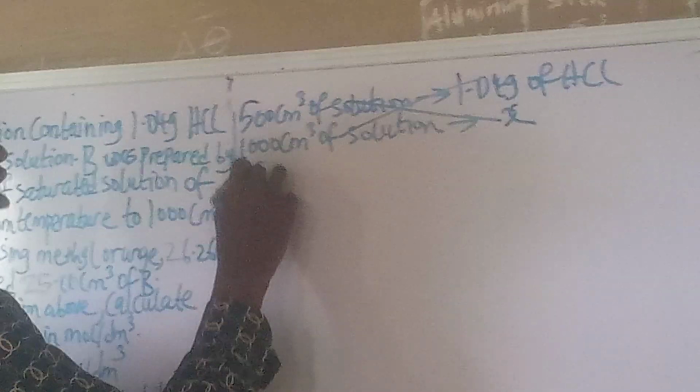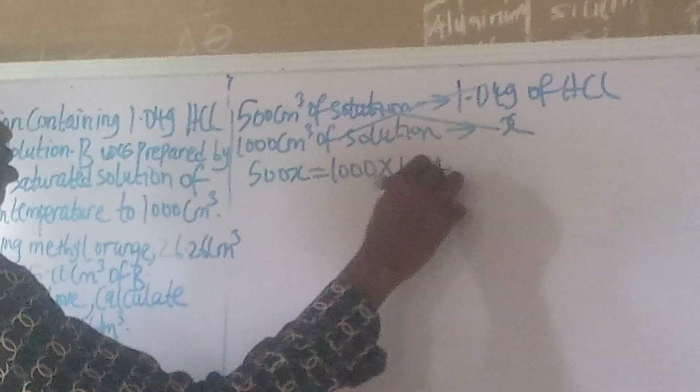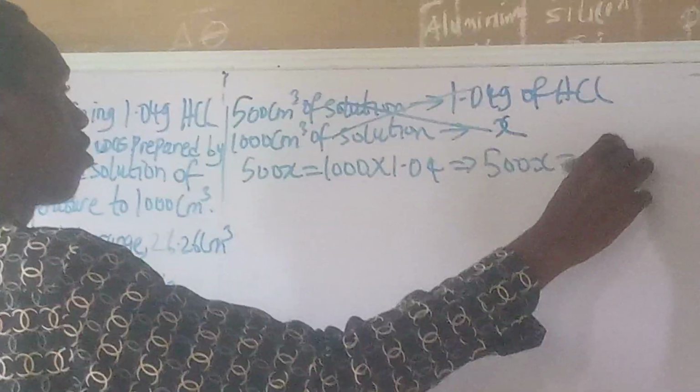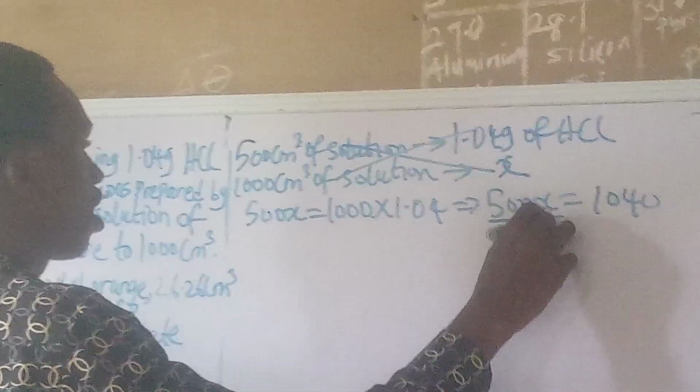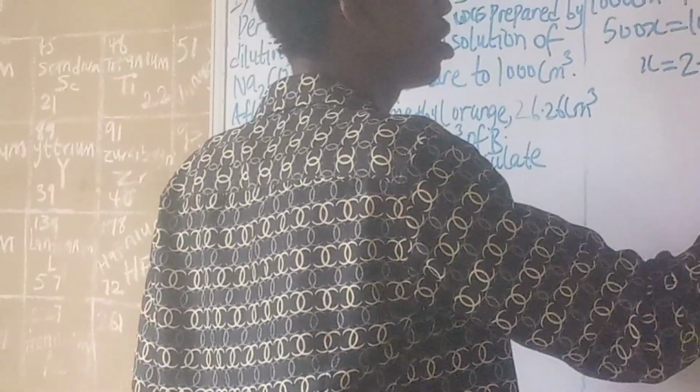Multiplying, 500x equals 1000 times 1.04, so 500x equals 1040. Divide both sides by 500, so x should be 2.08 grams of HCl in 1000 cm³ of solution.